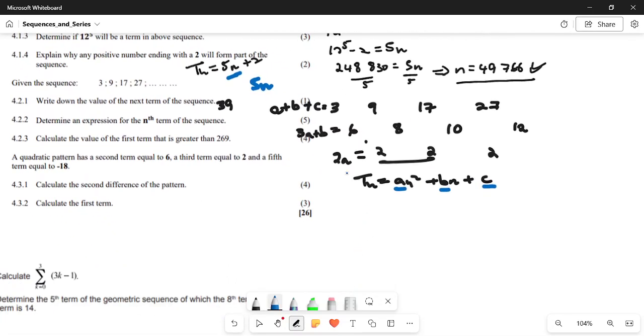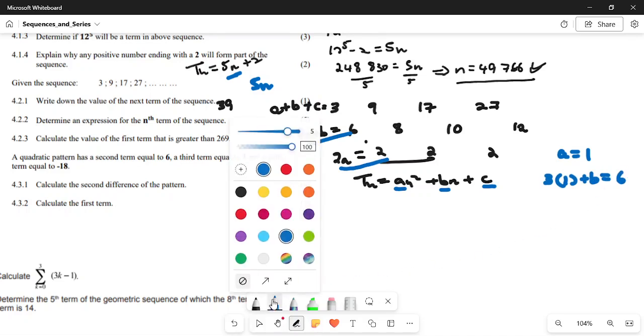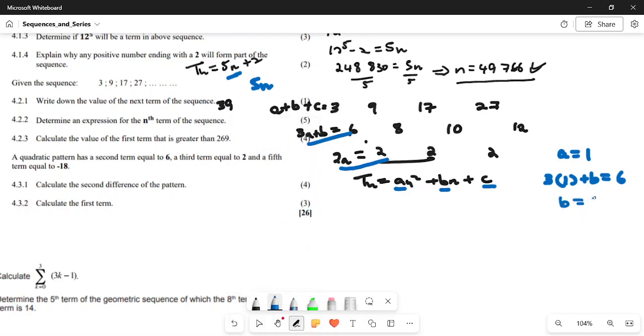So the first equation that I will solve for is this one. We have 2a is equal to 2. So to simplify that, my value of a is just 1. And then the second equation, which is 3a plus b is equal to 6. So I will have 3 into 1 plus b is equal to 6. So the value of b is equal to 6 minus 3, which is just 3.